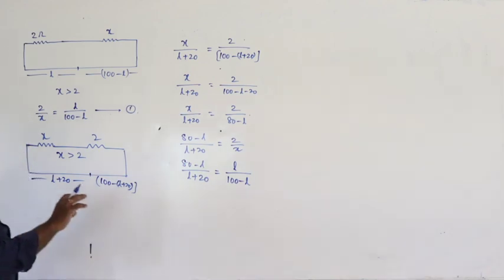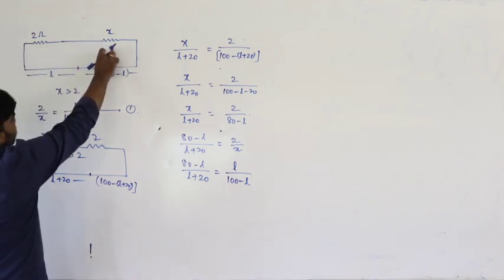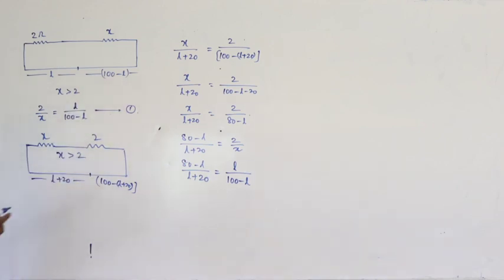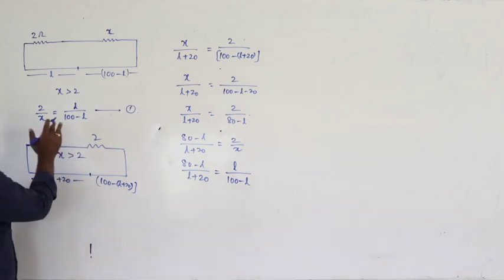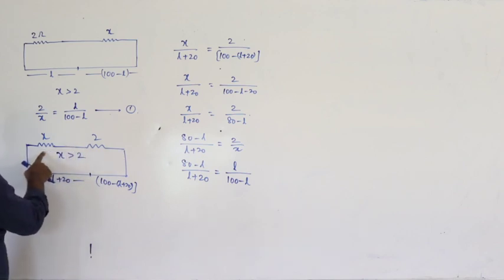So this is the first condition. The concept is: first, 2 is in the left gap, x is in the right gap, 2 by x is equal to balancing length by remaining length. Next, the two resistances are interchanged. Interchanged means x comes to the left gap, 2 comes to the right gap.